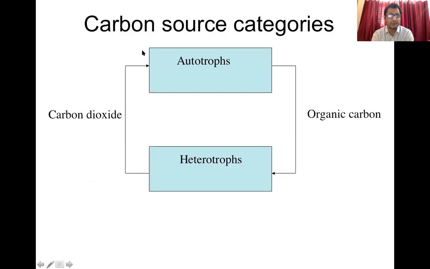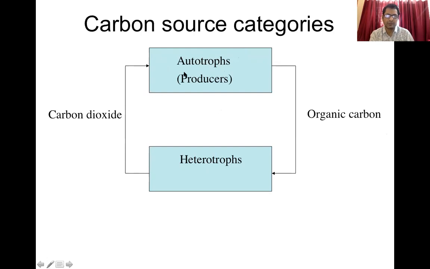If the source of carbon for cell synthesis is CO2 or an inorganic compound, then those are autotrophs. And when autotrophs convert CO2 to organic carbon, it is used by the heterotrophs and again converted back to CO2. So on the basis of carbon source, these can be divided into autotrophs and heterotrophs.